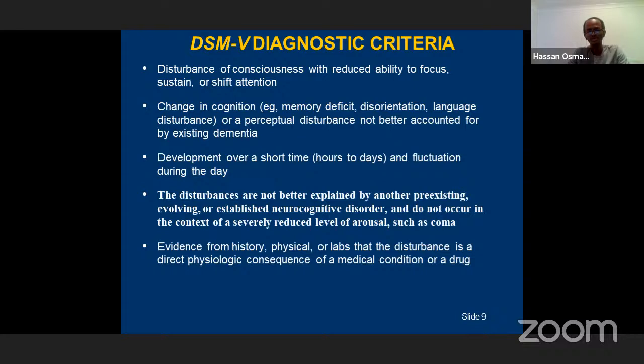So you are talking here about a new thing, and it's not severe. The person's consciousness is not severely reduced to the level of coma. You still have the person in a pre-coma stage. So just 5 things you can follow to make the diagnosis based on DSM-5.